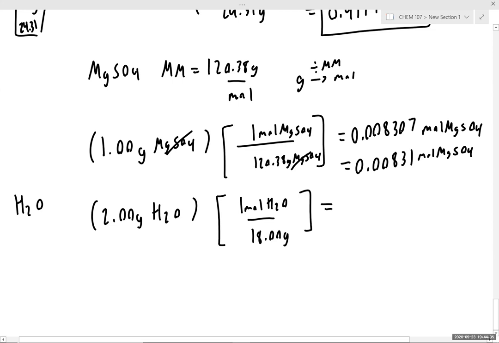And that in turn allows us to calculate the moles of water, which would be 0.1111 moles of water, which gives us 0.111 moles of water following sig fig rules. Does that make sense?